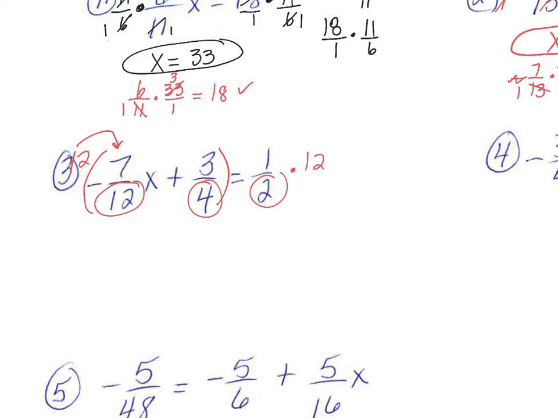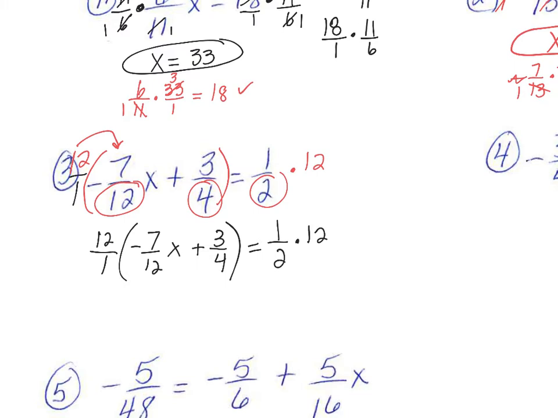What happens, Sam? No, we're dividing them, right? That's 12 over 1, isn't it? This is really 12 over 1 times -7 over 12x plus 3/4 equals 1/2 times 12. Do unto one side as you do unto the other, correct?